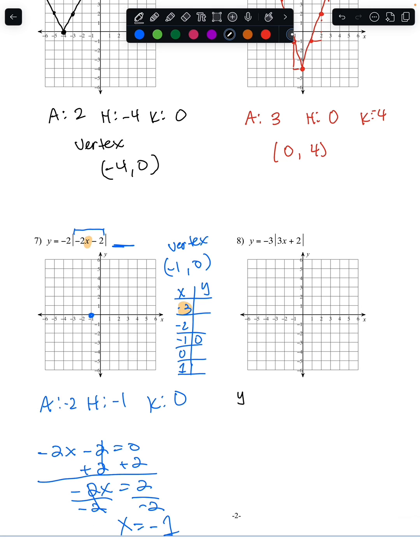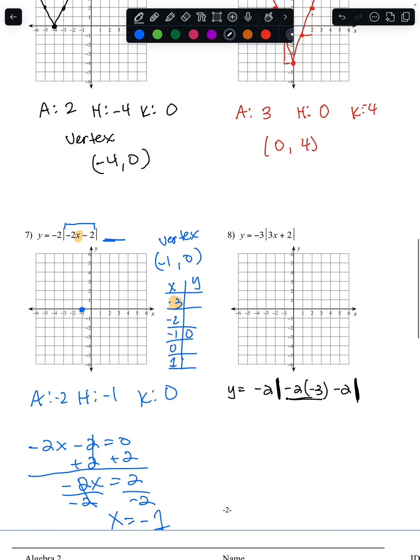So I got y equals -2, absolute value, -2 times -3 minus 2. And then I have another absolute value bar. Okay? -2 times -3 is positive 6. That positive 6 minus 2 is 4.